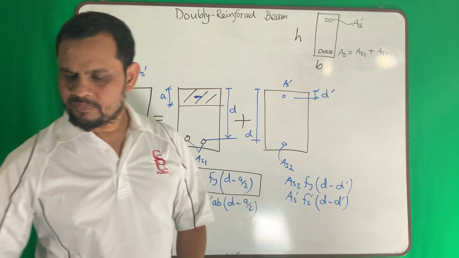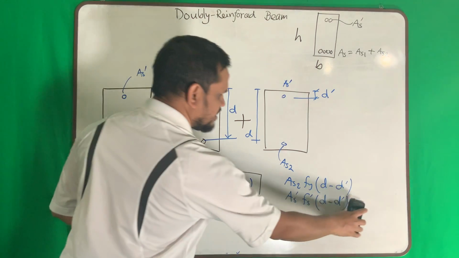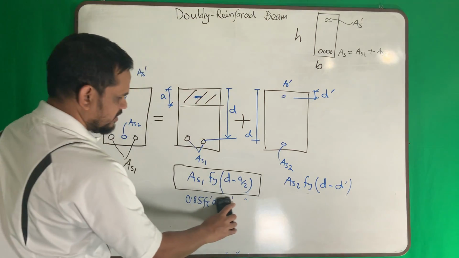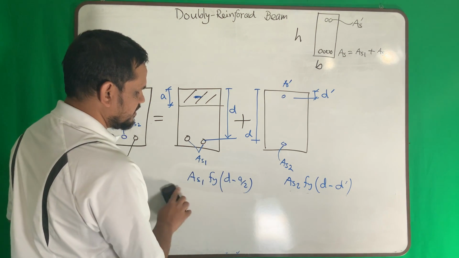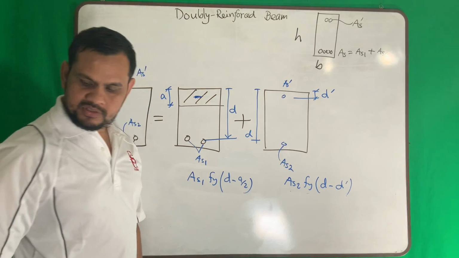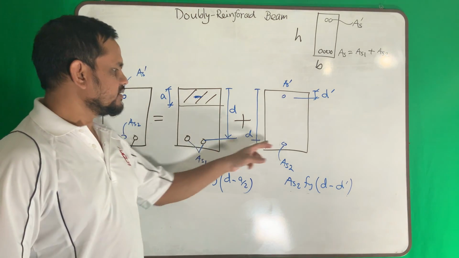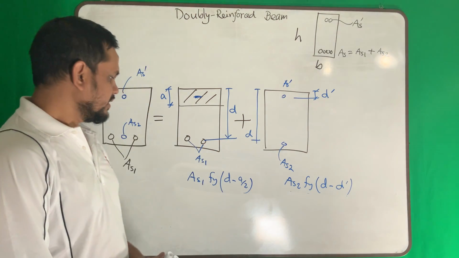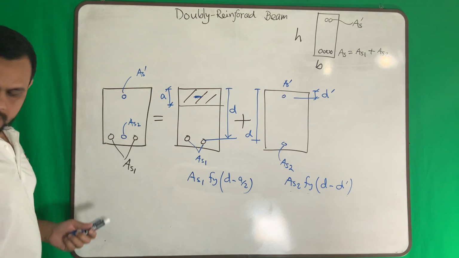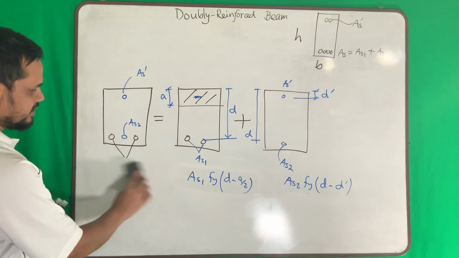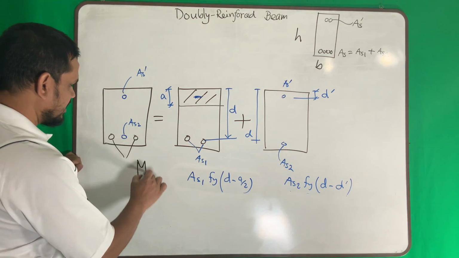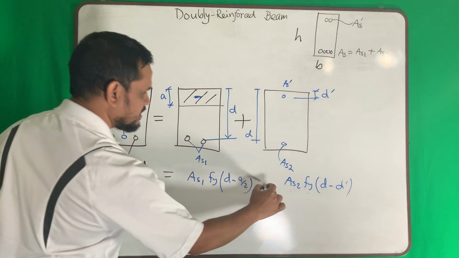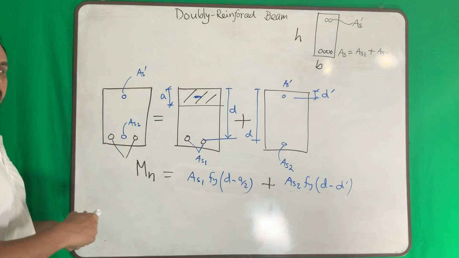Any one should be good. But these two, I mostly use. The reason is this is very simple to me because it is all about this reinforcement. So my total capacity will be the sum of this. So my nominal strength capacity equals this plus this.